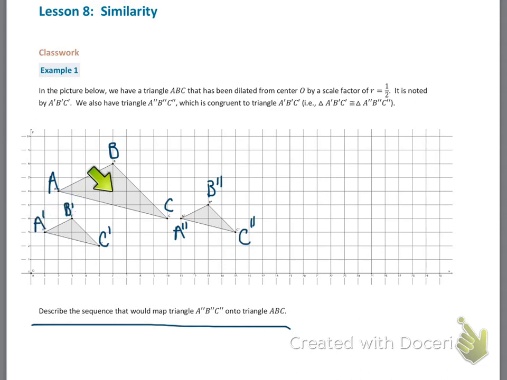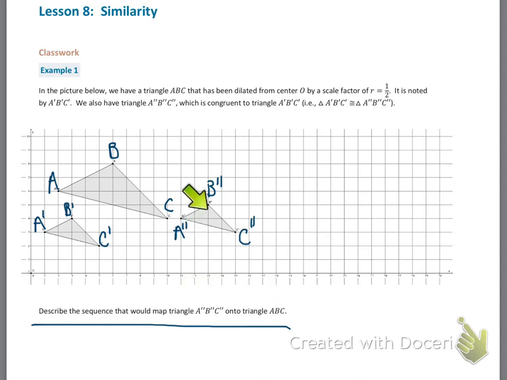The center of dilation is the origin here. We also have triangle A double prime, B double prime, C double prime, which is congruent to A prime, B prime, C prime. So that's what we're given. We know these two triangles are congruent, and we know that these two triangles are similar. Well, we know that they're dilations of one another. And it says, describe the sequence that would map triangle A double prime, B double prime, C double prime onto ABC.